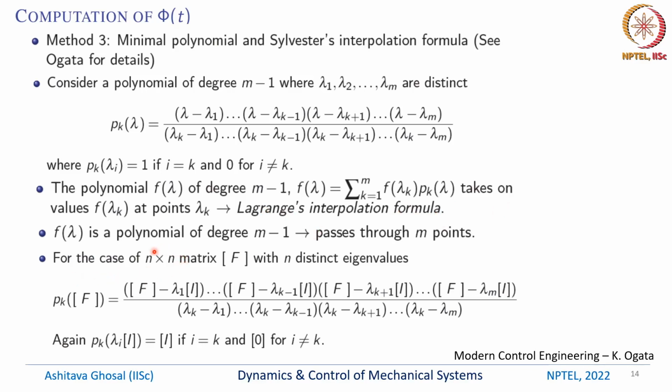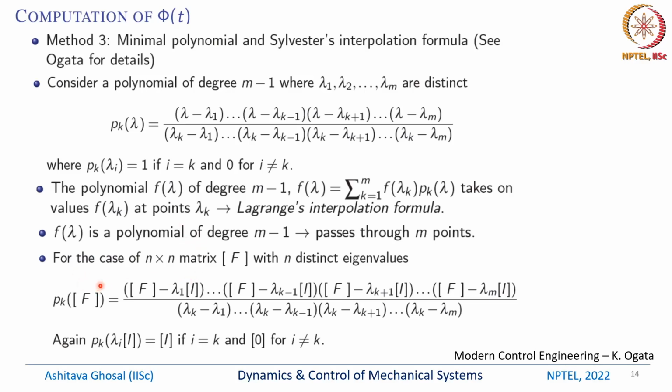So for the case of an n by n matrix F with n distinct eigenvalues, for the moment let us assume that we have n distinct eigenvalues. So instead of pk of lambda i, we can find pk of this matrix. Okay, so this is a very similar concept, that we can substitute in any characteristic equation the matrix which gave the characteristic equation.